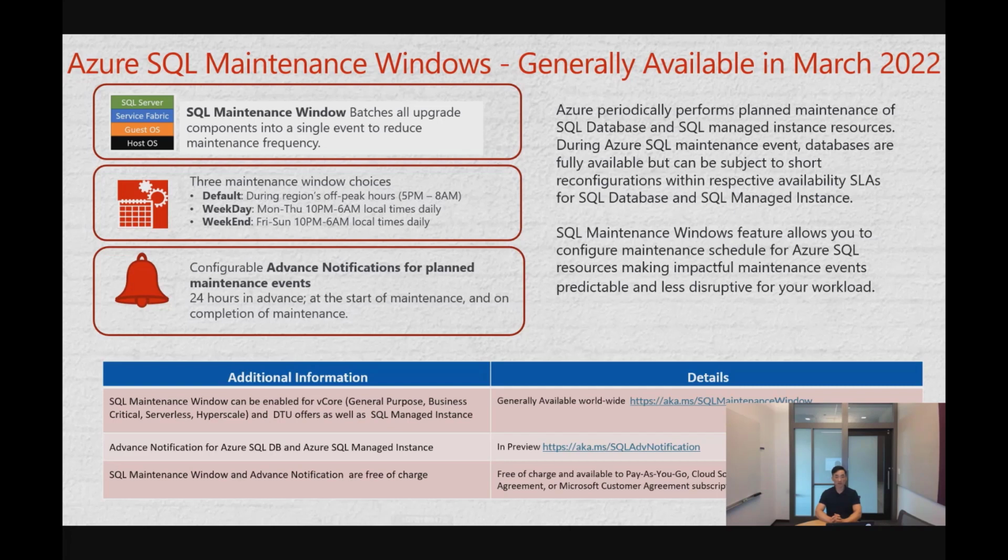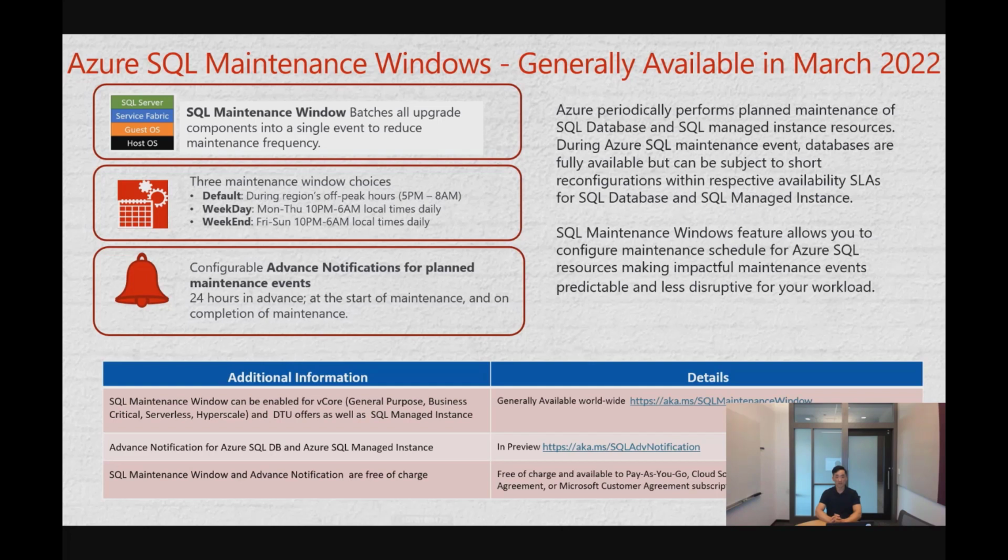Along with SQL maintenance window, users can set up alerts for upcoming planned maintenance 24 hours in advance using the advanced notification feature. For example, let's assume a user has a weekday maintenance window set up for their database along with alerts. If there's an upcoming planned maintenance for Wednesday evening, alerts will be sent 24 hours in advance on Tuesday, along with alerts on start and completion of the maintenance events.